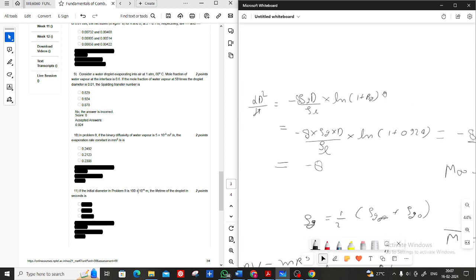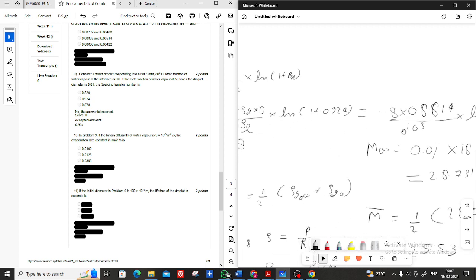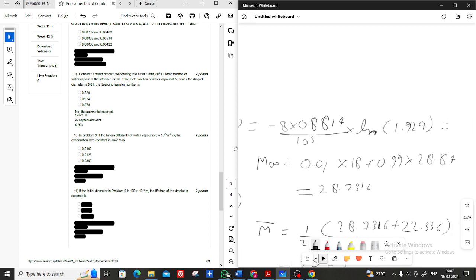I think some mistake is there. It is d square by dt, so we need to multiply with the diffusion coefficient D. Are you getting the mistake? We need to multiply here by D, right?